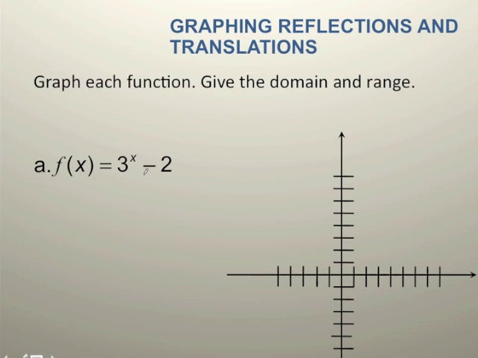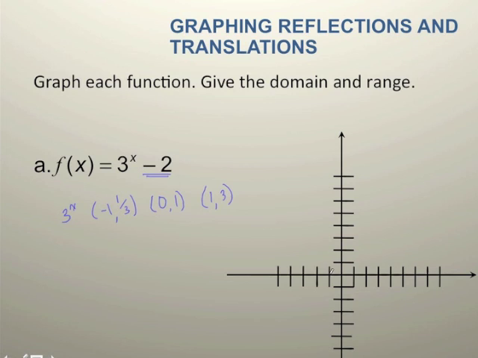Now, remember what this -2 tacked on after the function does. It moves it down. So again, with 3 to the x, we would have -1, 1/3; 0, 1; and 1, 3, but we're going to move these all 2 down.